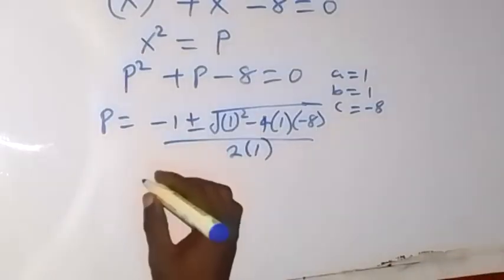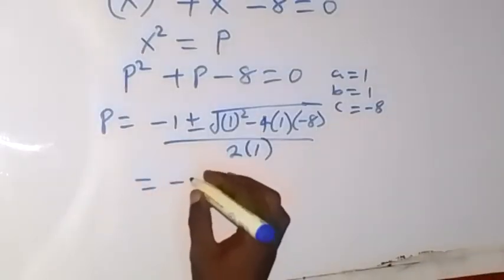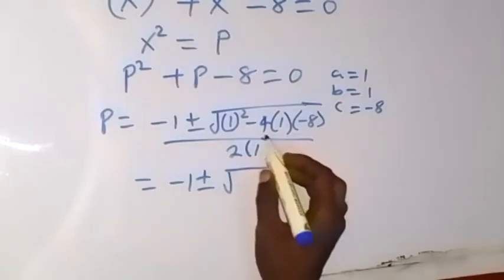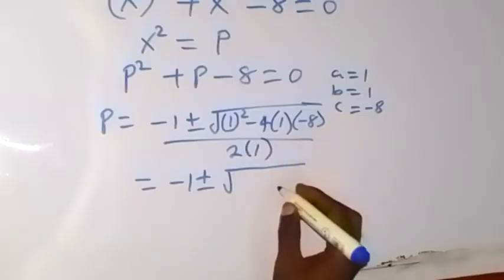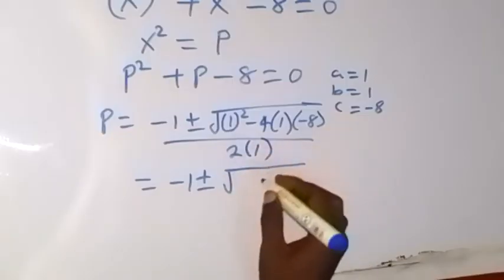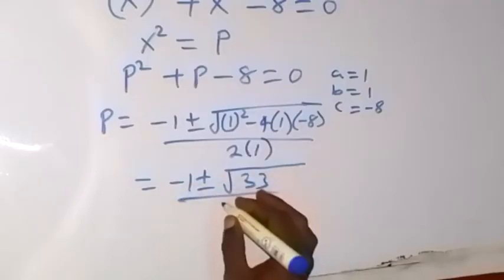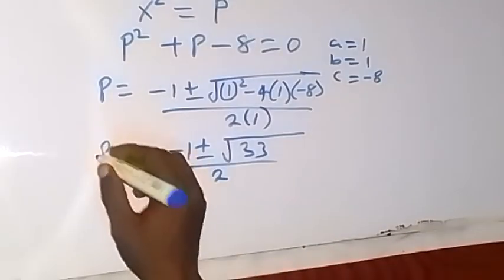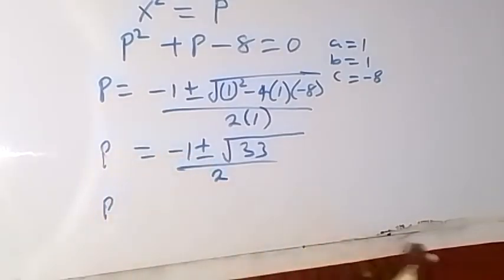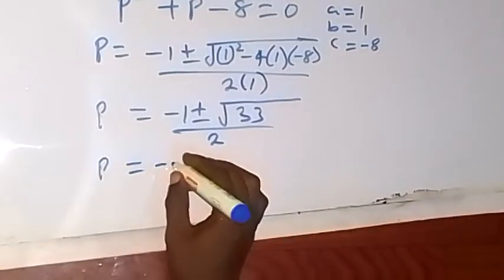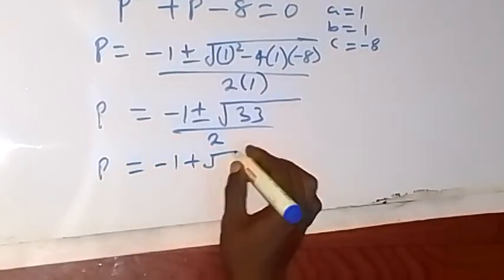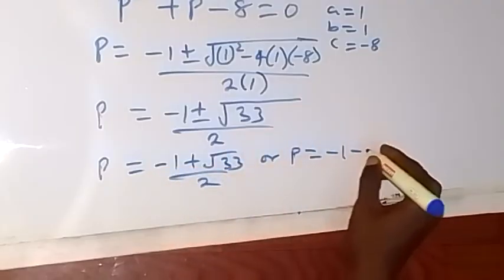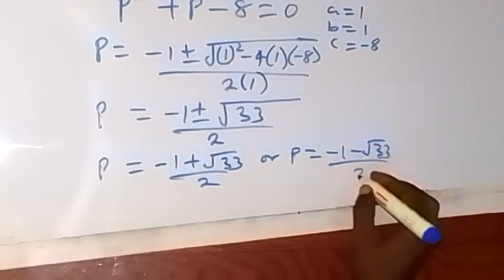Then we can say p will now be equals to minus 1 plus or minus square root of 1 squared, that's 1, then minus times minus, that's plus 32, that will be 1 plus 32, that's 33, then over 2a, that's 2 times 1, that's 2. Then from there, that's our p. That means when we separate it, is either p equals to minus 1 plus root 33 over 2, or we have p equals to minus 1 minus root 33 over 2.